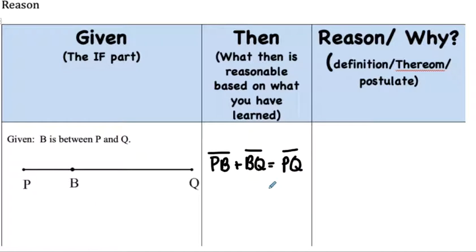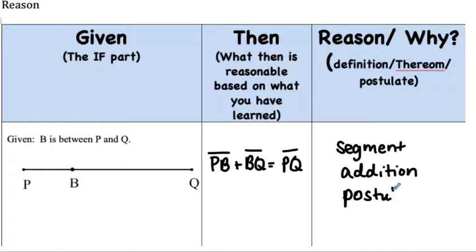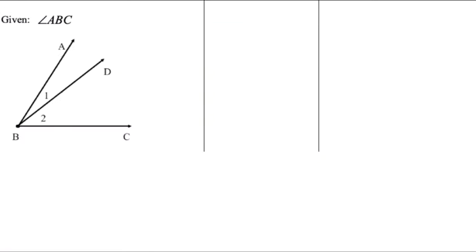And the reason we were able to do that, so the definition, theorem, or postulate that justifies that statement is the segment addition postulate. And you may remember I would ask you what segment or what postulate justified what you wrote down on your paper. All right, let's look at another one.